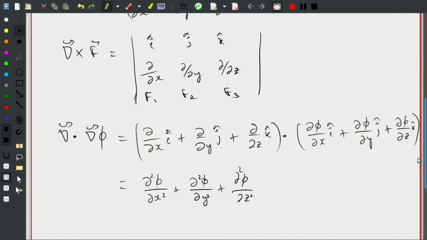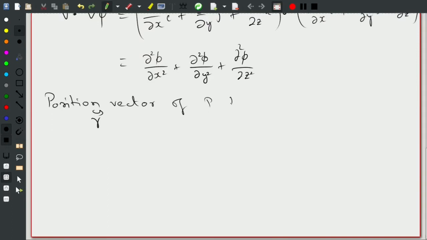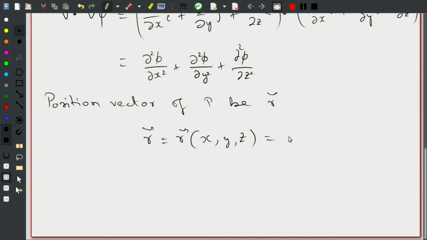So if we have a point P in the Cartesian coordinate represented by a position vector r, then in Cartesian coordinate this r is a function of x, y, and z, because we represent r as x i cap plus y j cap plus z k cap.